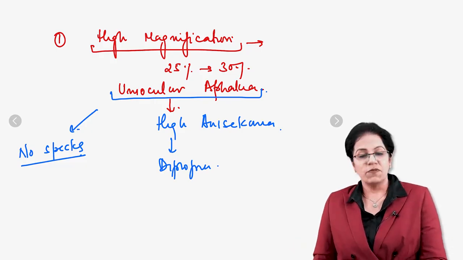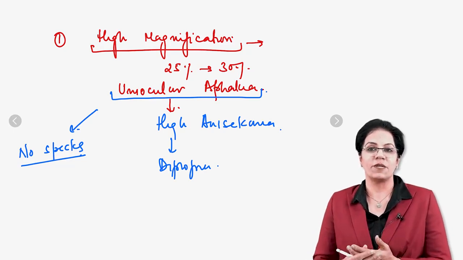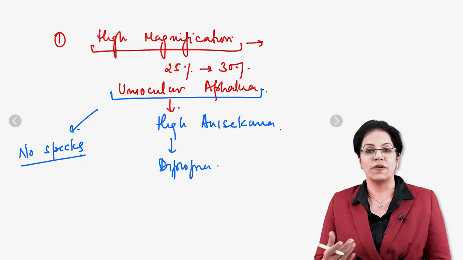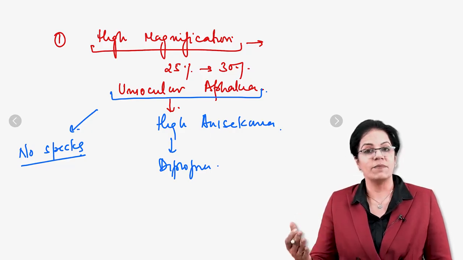Then, of course, there are aberrations like spherical aberration, chromatic aberration, and the pincushion effect, which is caused by spherical aberration. All these can be seen in the optical system, and the higher the number, the higher the aberrations.